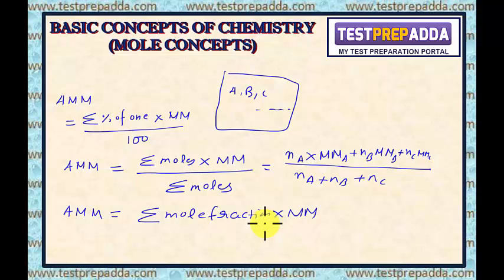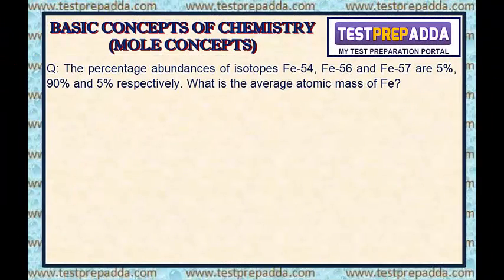Now, I will take a few examples here to understand the concept of average atomic mass and average molecular mass. Here the question says the percentage abundance of isotopes Fe54, Fe56 and Fe57 are 5%, 90% and 5% respectively. What is the average atomic mass of Fe? Here we simply use the formula of average atomic mass with percentage.